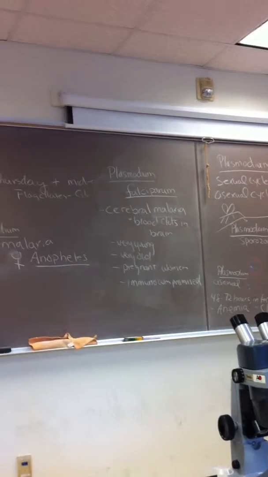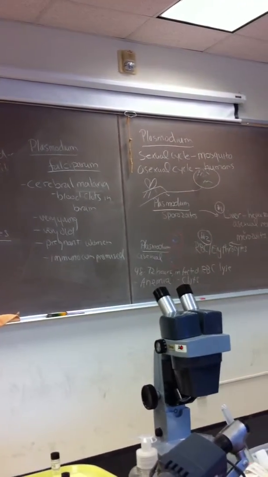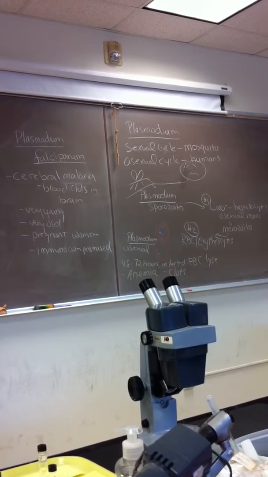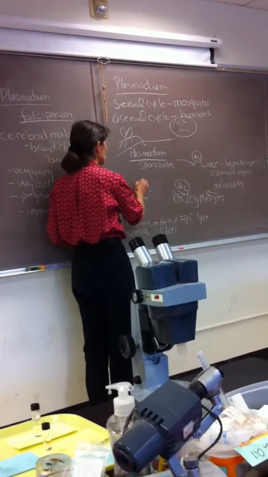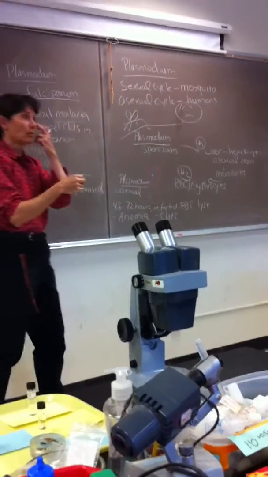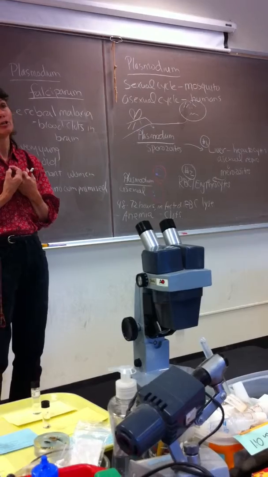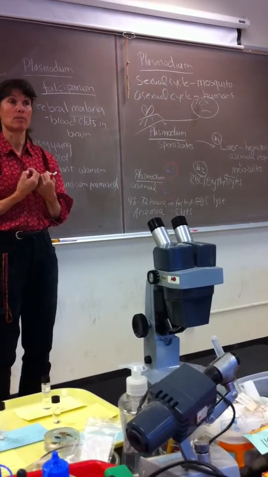Now, we just want to finish our little cartoon, you guys. So we want to find out, how is it that new Anopheles mosquitoes get infected? It's really intriguing. So what happens is with some of the malarial parasites, they'll form what are called gametocytes. It's the equivalent of human gametes, egg and sperm.